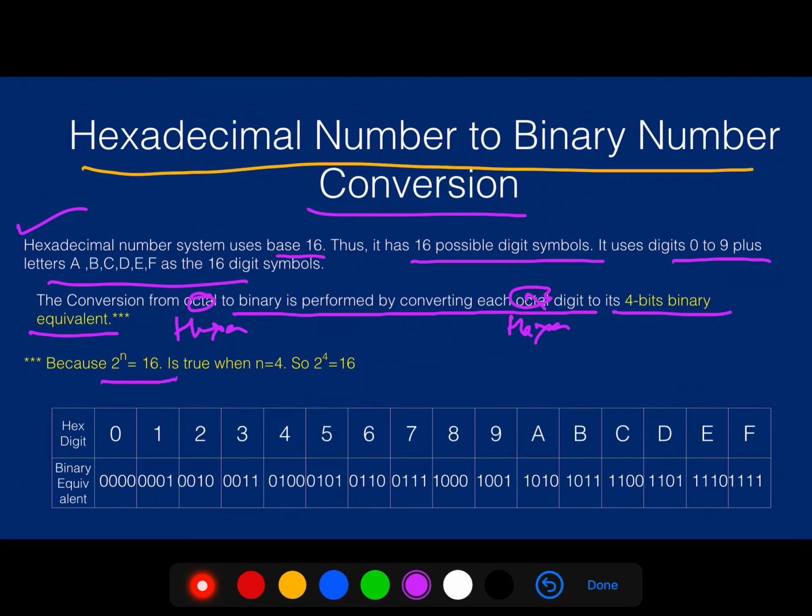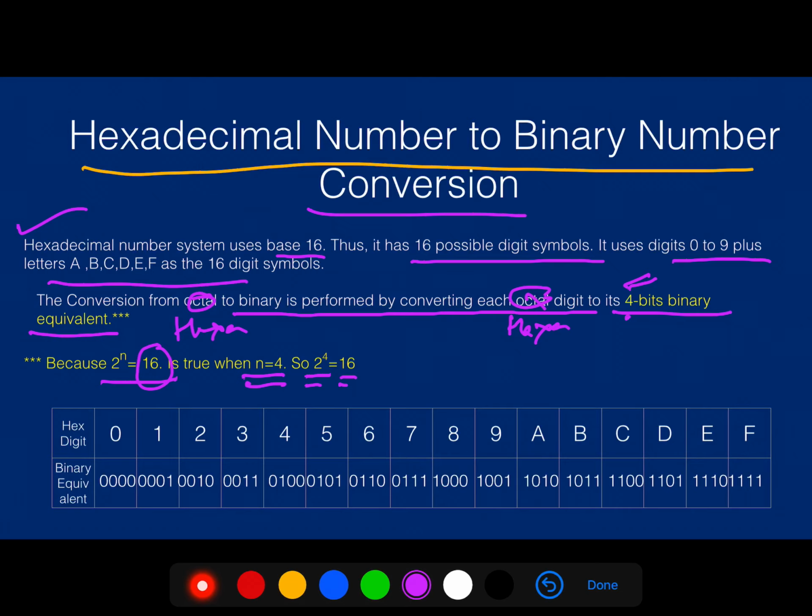Again, check with that formula: 2 raised to the power n should be equivalent to 16. So what should be the value of n to satisfy this formula? It is 4, because 2 raised to the power 4 equals 16. Quite simple. There we were dealing with the 3-bit binary equivalent, here we will be dealing with the 4-bit binary equivalent.